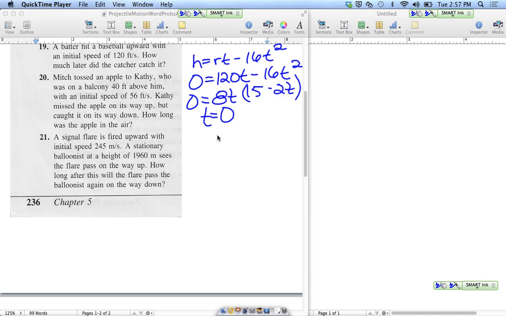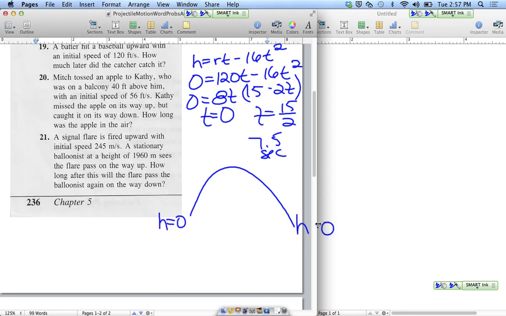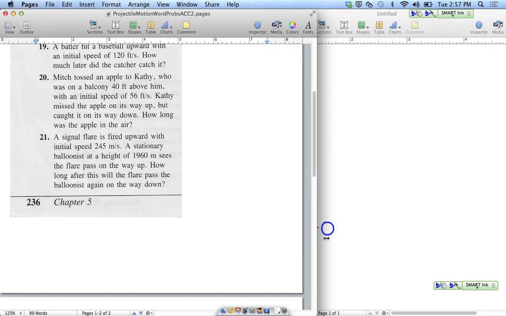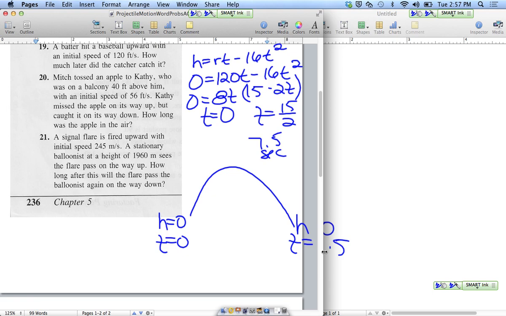And then the second binomial, 15 minus 2t, solving that for 0, t would be 15 over 2, or 7.5 seconds. So assuming that the ball leaves the ground and then comes back to the ground, when you have a height of 0 on both sides, time is 0 before it takes off, and then time is 7.5 when it lands back on the ground.